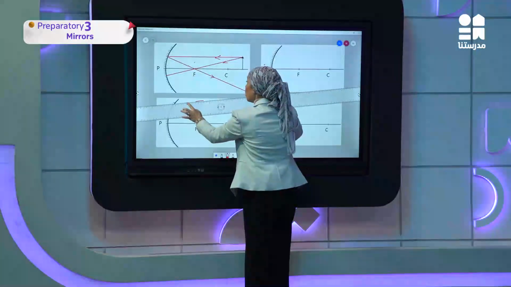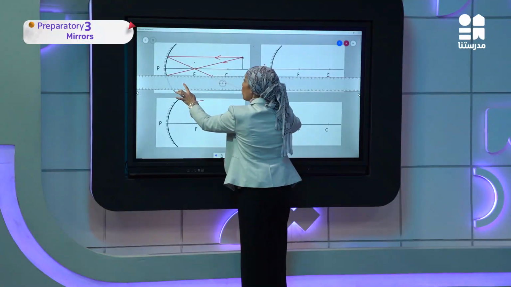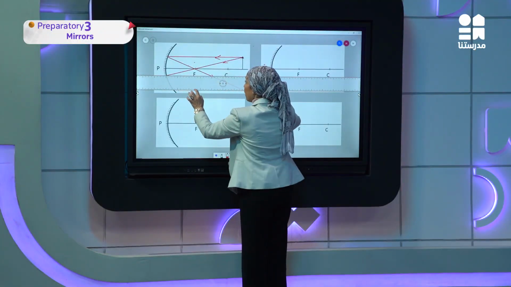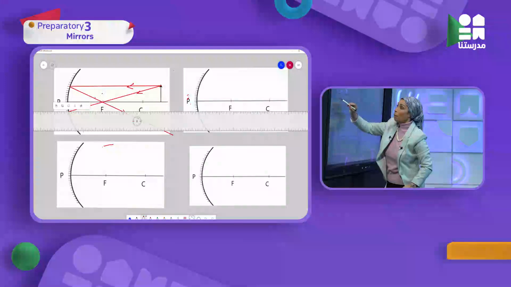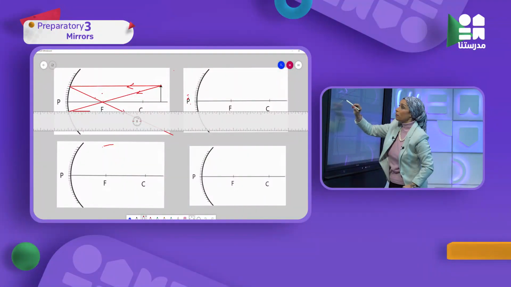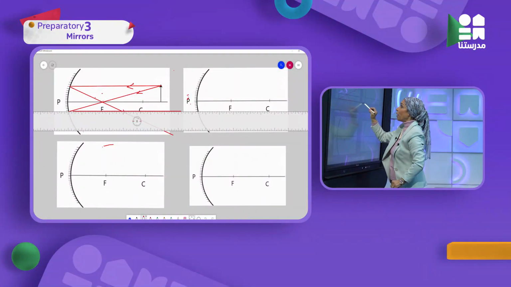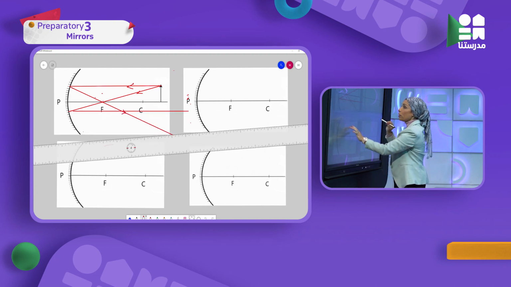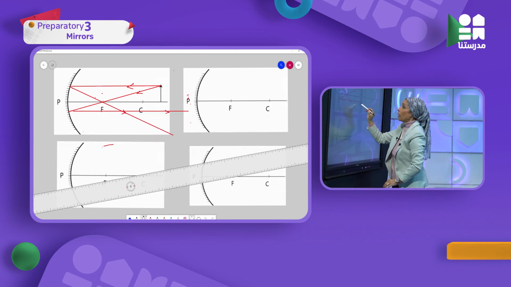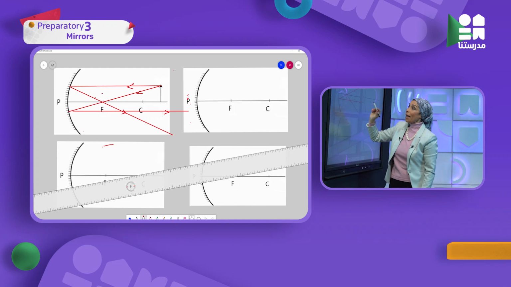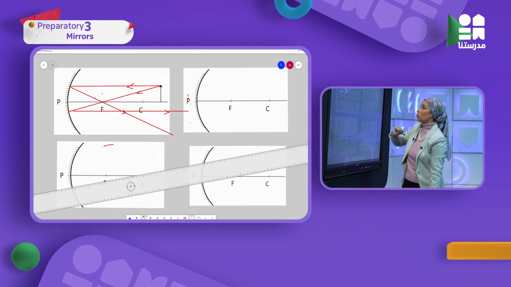Then what happens now? It reflects parallel to the principal axis. Let's see how. Put your ruler from the same point. This is the easiest one. Make a ray parallel to the principal axis, move it, and then put your arrow, as I said before. So where are my reflected light rays? Here is one reflected, and the other is reflected parallel to the principal axis.